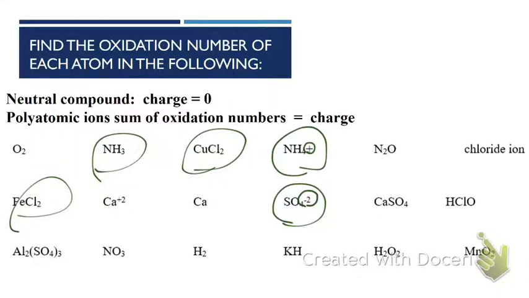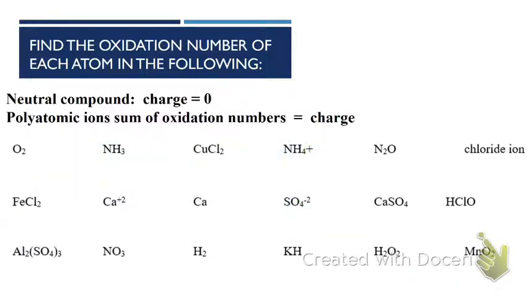So we're still doing that same idea that we did before, just adding in the fact that not all of our elements are going to follow the usual rules. So let's look at these. First, oxygen. This is just a single element, and I don't see a charge written on here, so our oxidation number is 0.